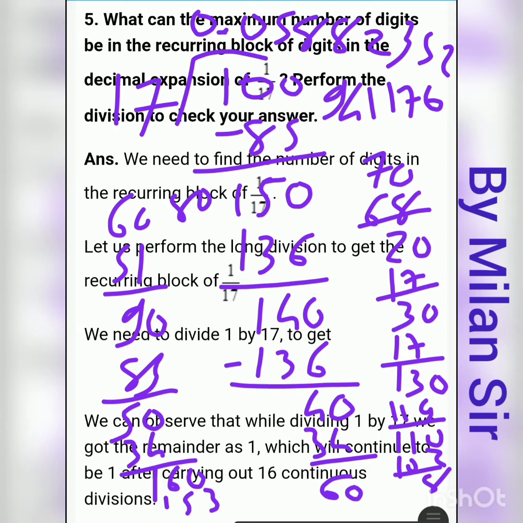Now 17 4s are 68. Here 12 is the remainder, it becomes 120. 17 7s are 119, remainder 1.